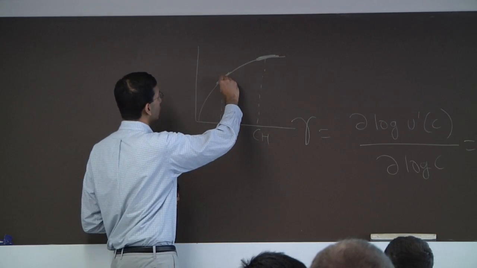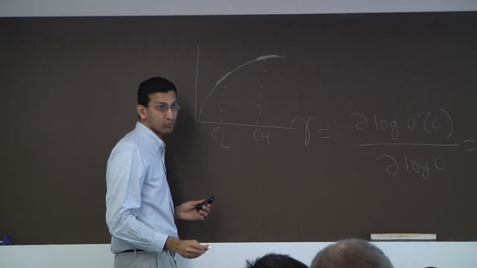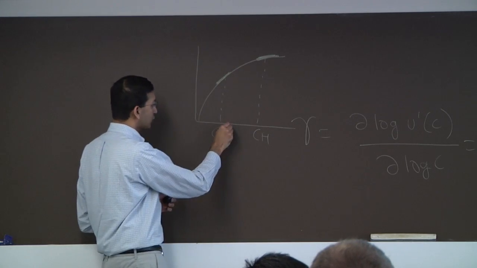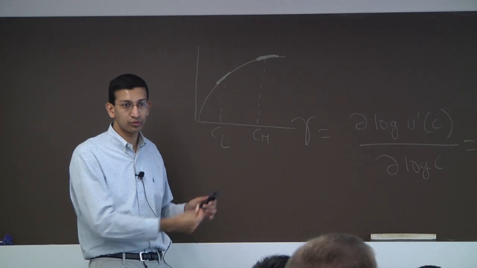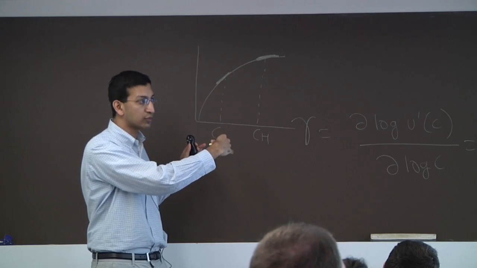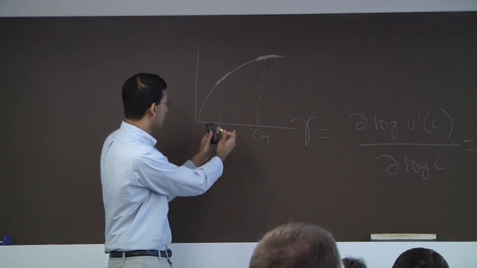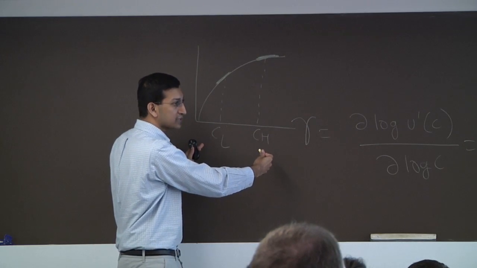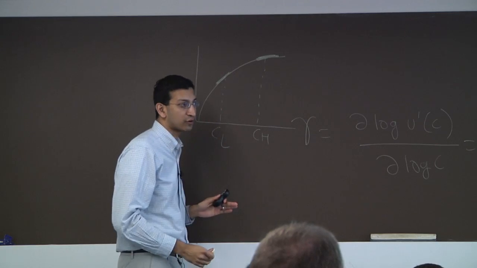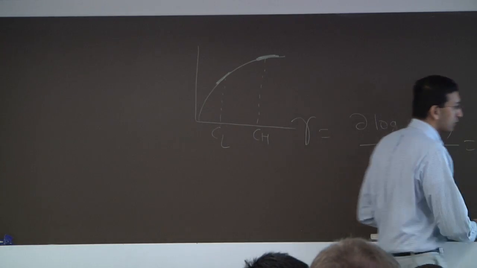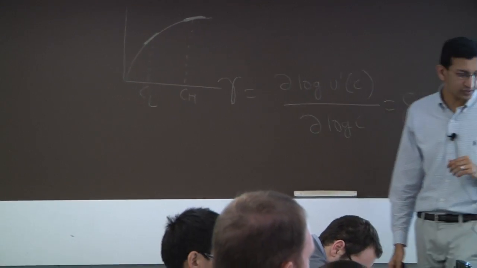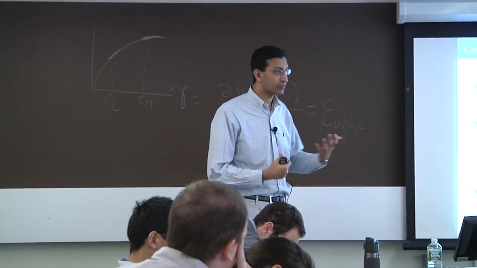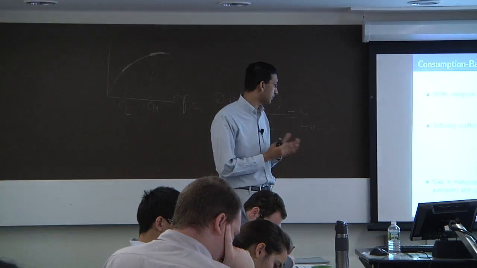Basically, if I tell you how curved this function is, that's what gamma is. And I tell you how far apart CL and CH are, the product of those two things tells you the difference between those two slopes. That makes sense, right? It's how wide apart are you on the x-axis and how much is the function curving. That's basically it. Okay, so if I take gamma delta C over C, then I can recover the gap in marginal utilities that I'm interested in.